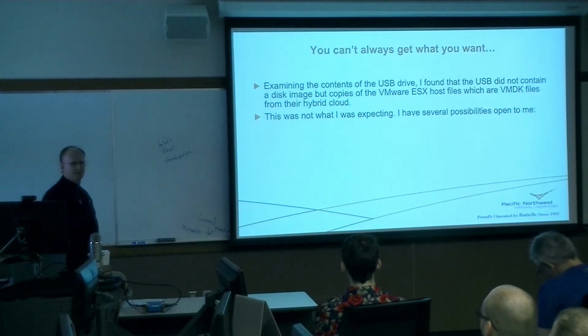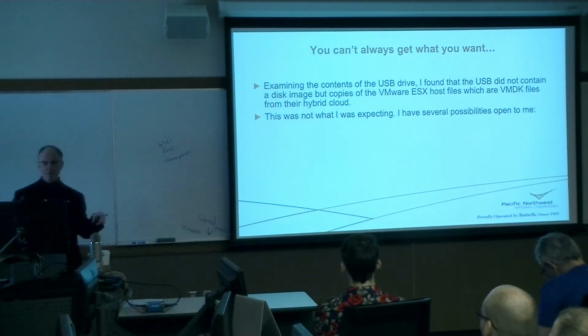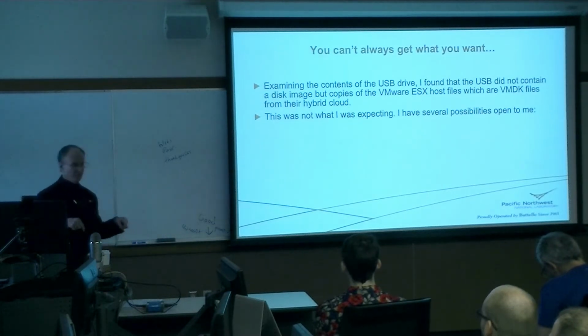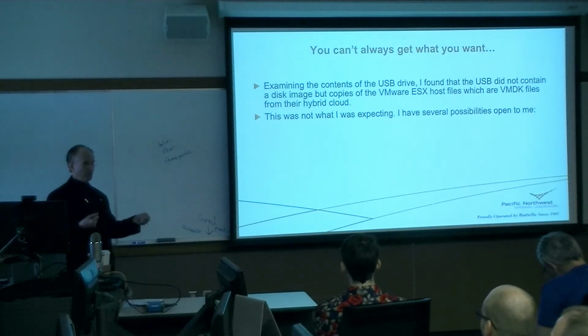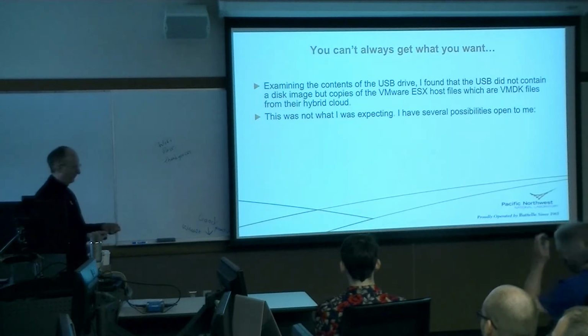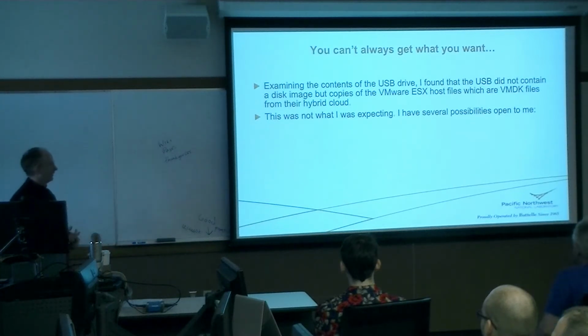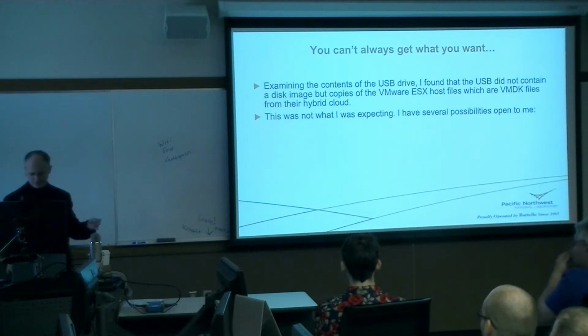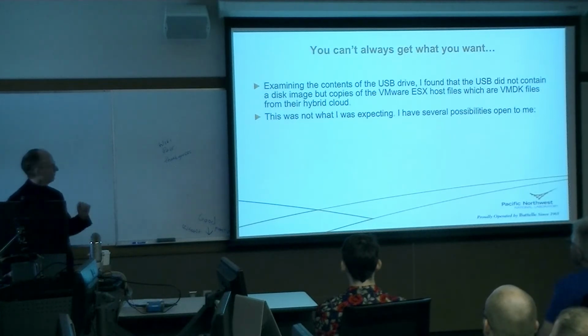Well, it's not what I thought. This sort of thing actually happens a lot when you're doing forensic stuff. You say to the client, send me this. They send you something. It's not what you were looking for. So, I didn't get exactly what I was looking for. What am I going to do? Well, number of possibilities.